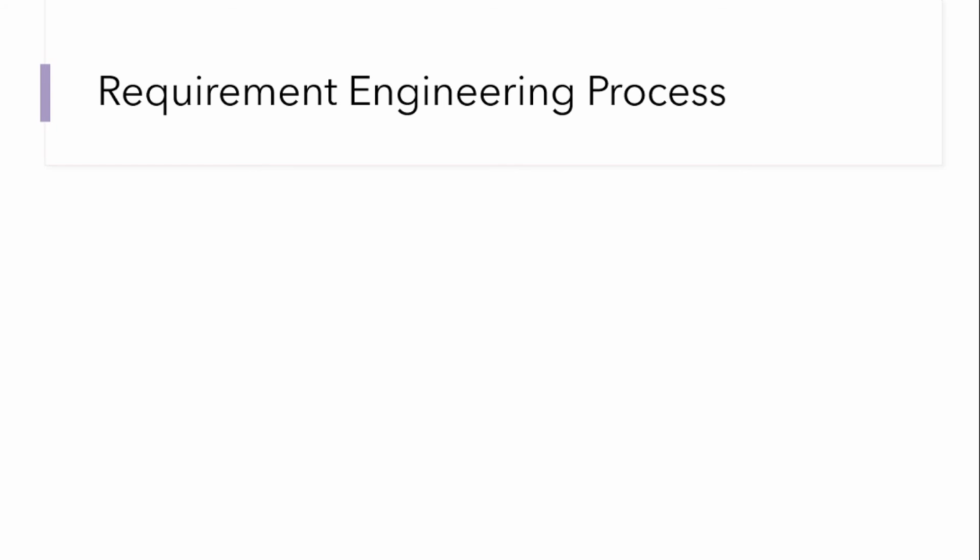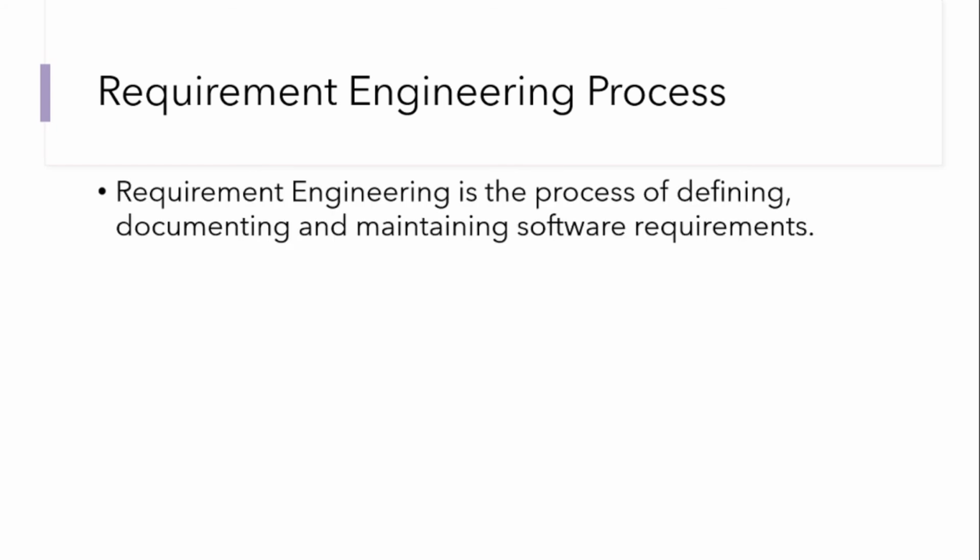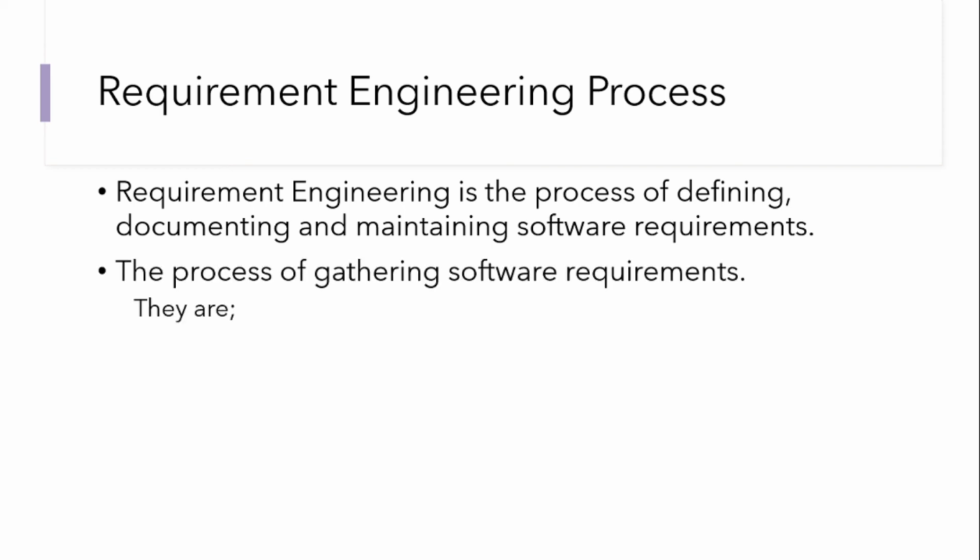Now let's move on to look at the requirements engineering process. As I said at the beginning, requirements engineering is the process of defining, documenting, and maintaining software requirements. Put simply, it can be termed as the process of gathering software requirements.